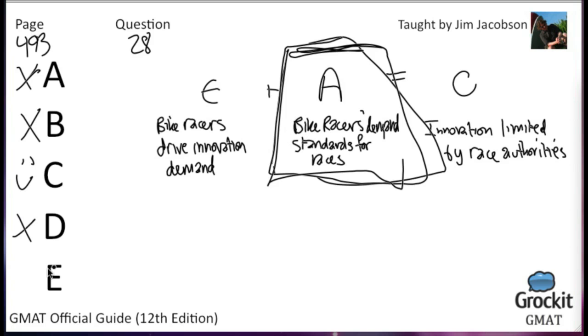So choice E is kind of irrelevant, whether the race officials know stuff or don't. So choice C is our correct answer, that bike racers are willing to pay for stuff, but only as it relates to stuff accepted in official competition.